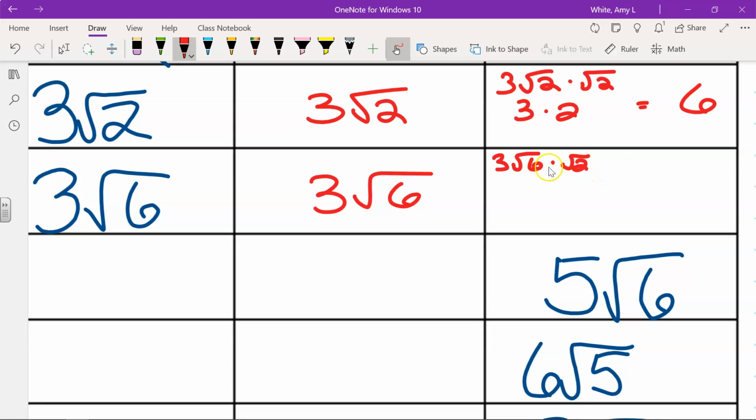I can multiply these two radicals together and we get 3 square root of 12. And now that I have that value, I need to simplify. The square root of 12 is 4 times 3, which gives me 3 times 2 square root of 3. So our hypotenuse would be 6 square root of 3.